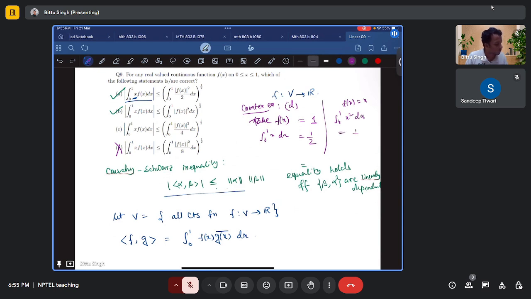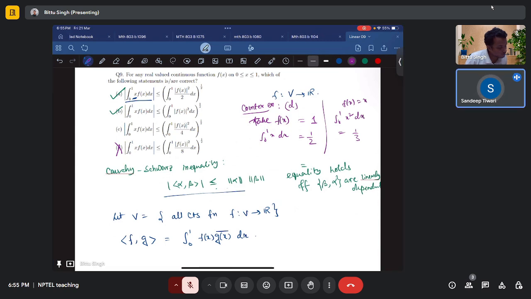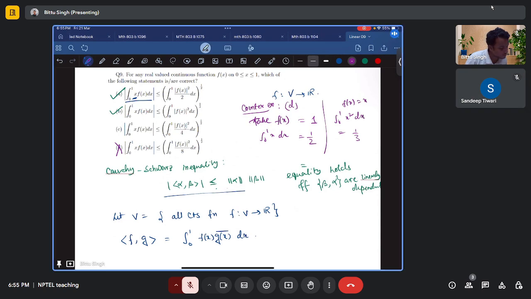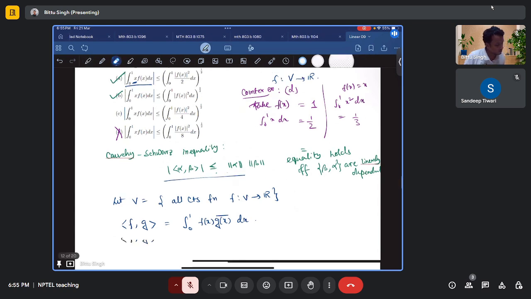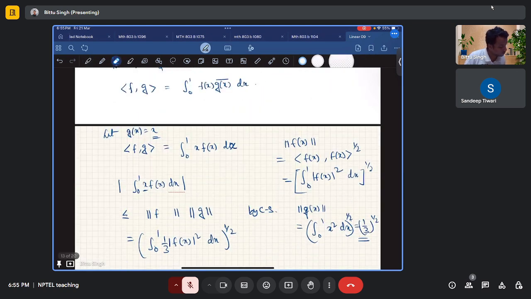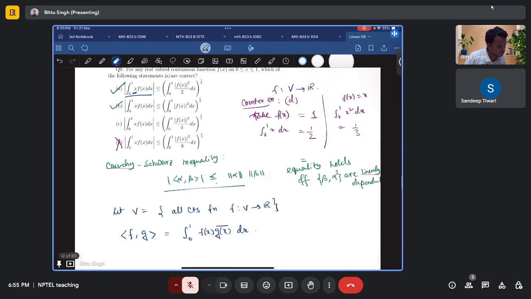This is actually 1/3, but 1 by 9. It will work. No, it will not work. The mod of f(x) squared, which is the same as 1 by 3, is also 1/3. So it is actually already calculated, so this will not work.